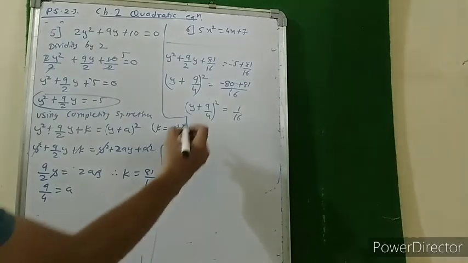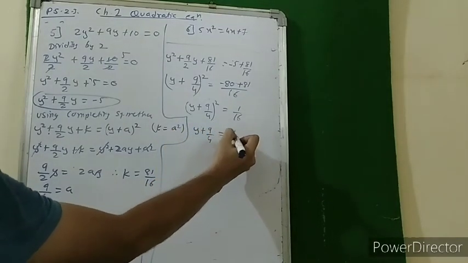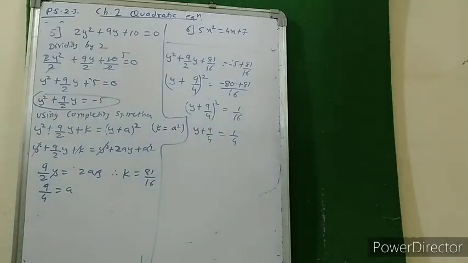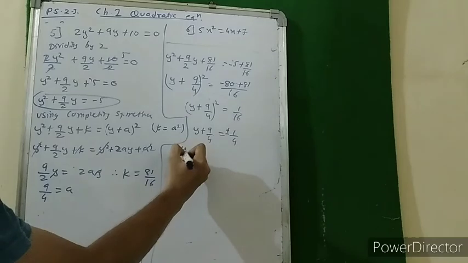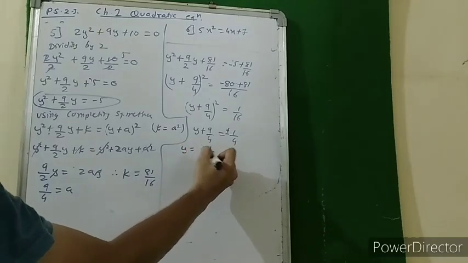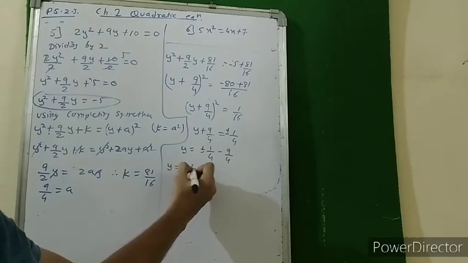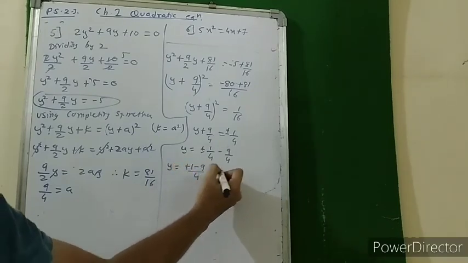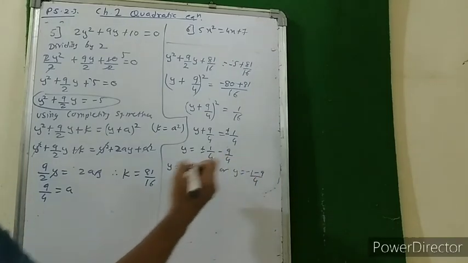Taking square root, y plus 9 upon 4 is equal to plus or minus 1 upon 4. So y is equal to plus or minus 1 upon 4 minus 9 upon 4. Y is equal to plus 1 minus 9 upon 4, or y is equal to minus 1 minus 9 upon 4.